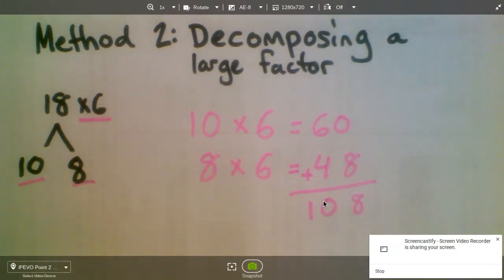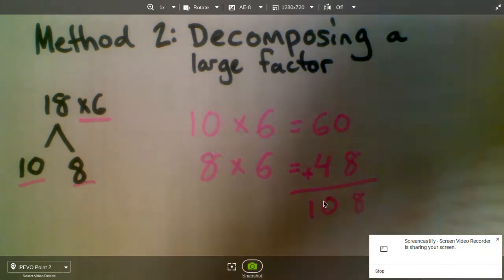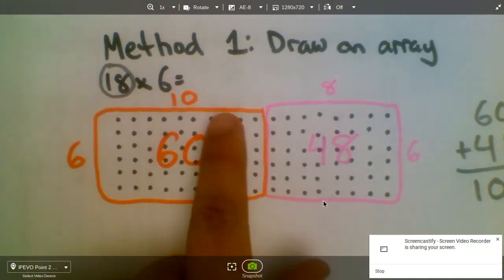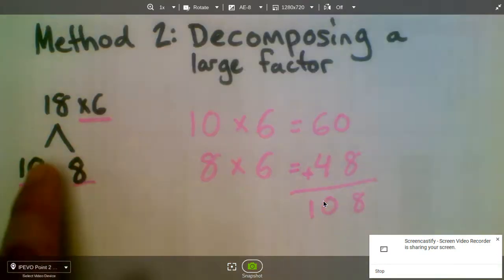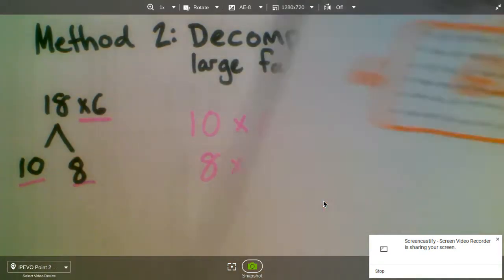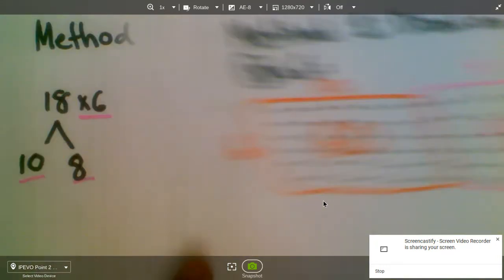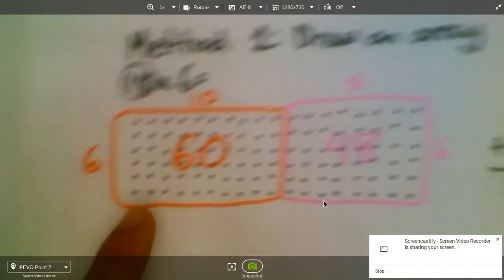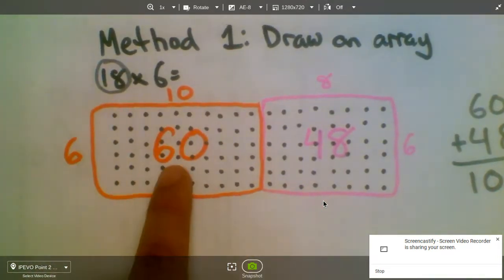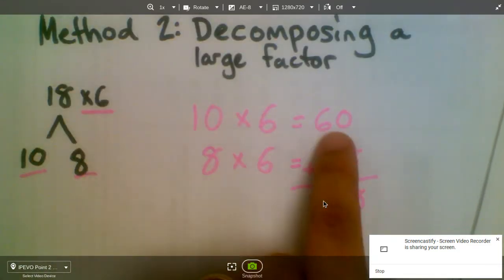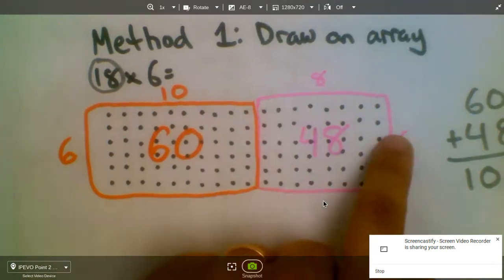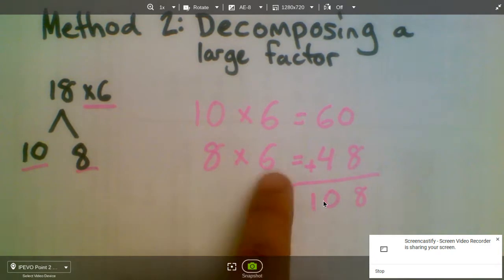So you'll notice that really this is pretty similar to what I did in the first method. I decomposed it into 10 and 8. Here I've decomposed it into 10 and 8. I did 10 times 6 to get 60, and sure enough, 10 times 6 to get 60 here. 8 times 6 to get 48. 8 times 6 to get 48.